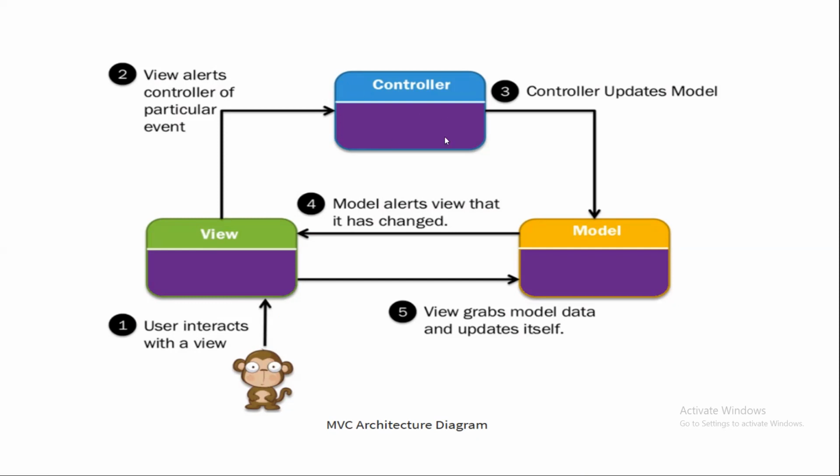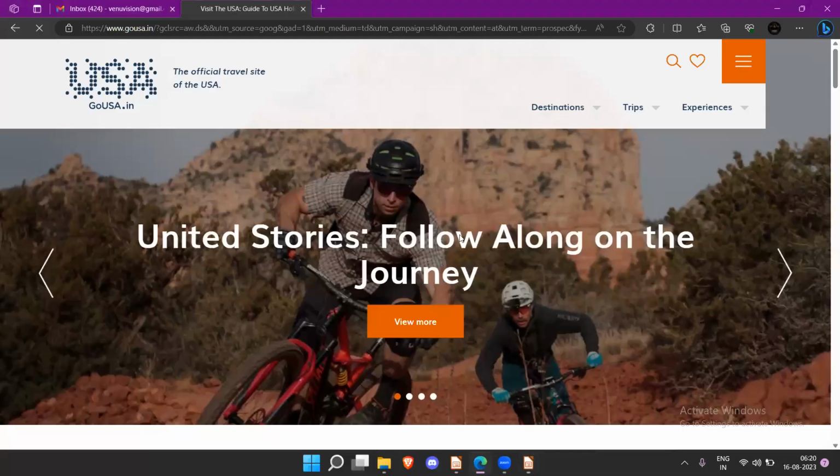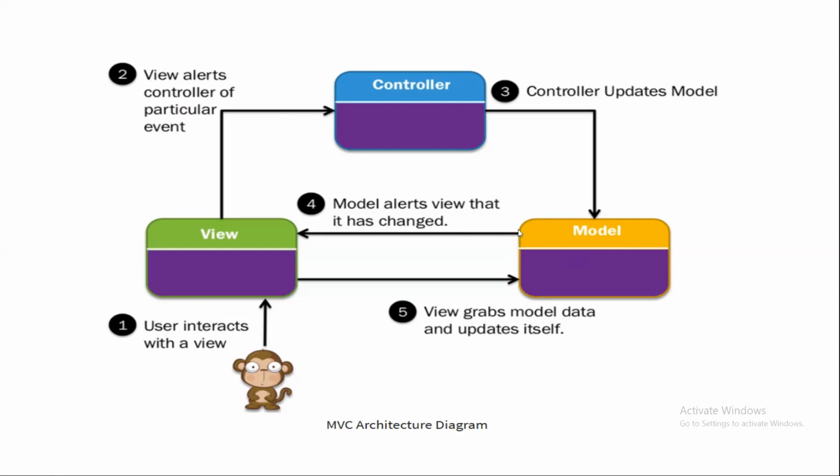So what does controller do? Controller goes to model. Hey, looks like view is requesting some kind of information. So the controller hits model and model internally hits the database, and shows the results whatever is required on the screen by passing the control to view. So model, view, controller.